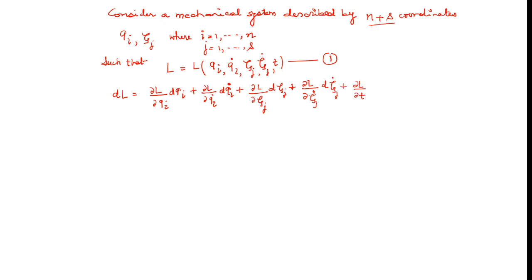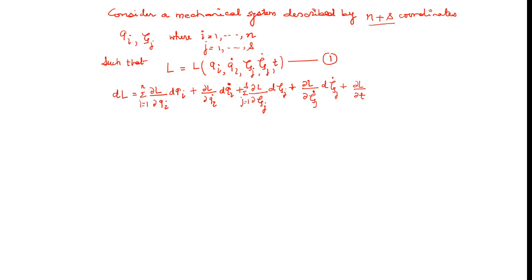Here I have not put the summation symbol, but it is understood that the summation is for i going from 1 to n, and for j going from 1 to s. So wherever you have a dummy suffix, you should put the summation symbol.